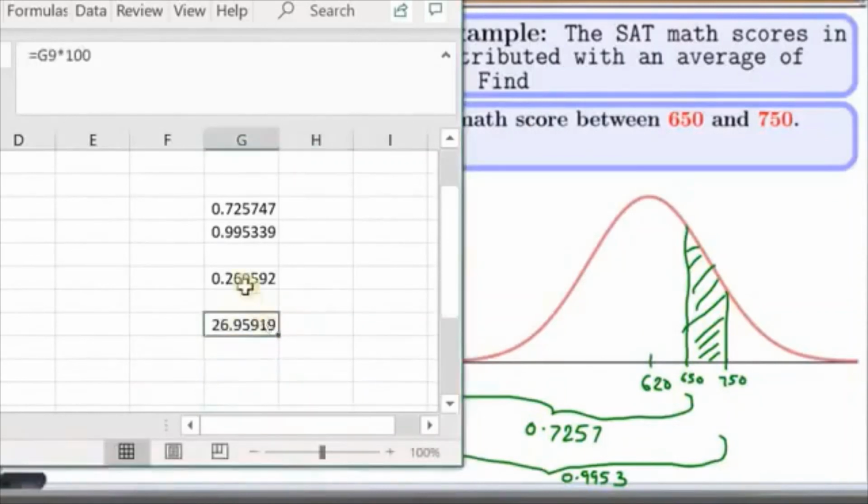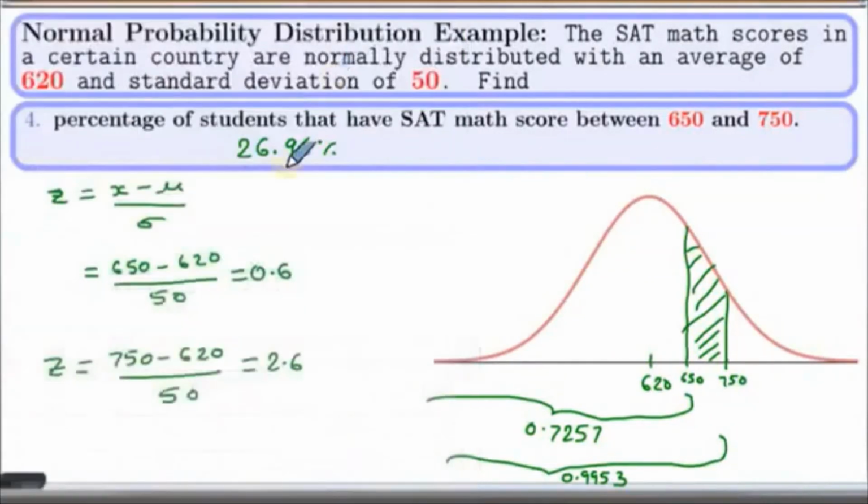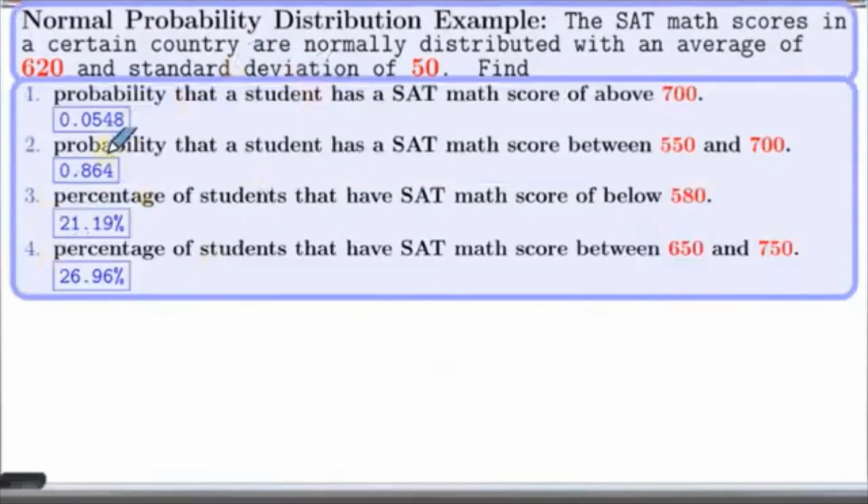So we got this when we multiply 0.269592 by 100. And this is exactly what we got using the table and also the calculator, which is right here, 26.96%. And finally, we are done. Here I have listed all these answers, probabilities, and percentages in one place.